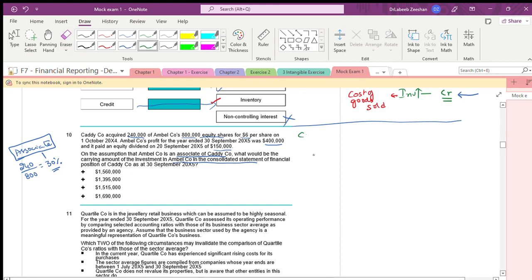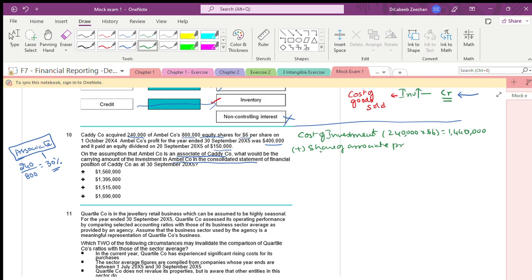Cost of investment. You have to write this, okay? We are not writing it, but you should understand this 30%. If it is in section C, we will do cost of investment: 240,000 into 6 comes to 1,440. Next, add share of associate profit.